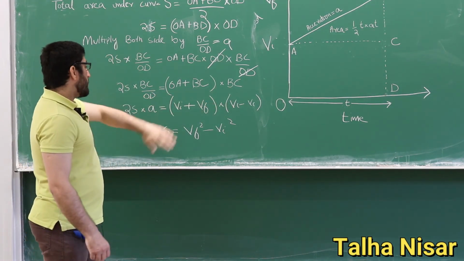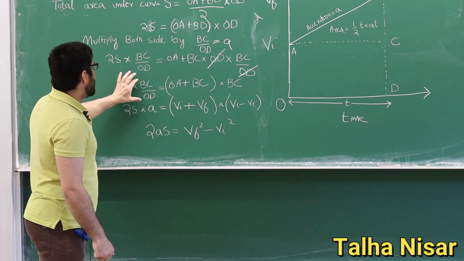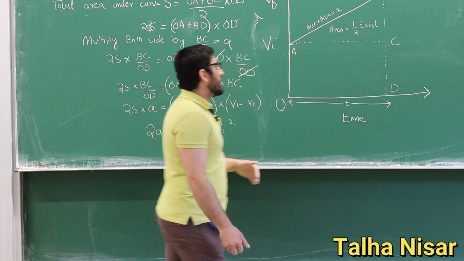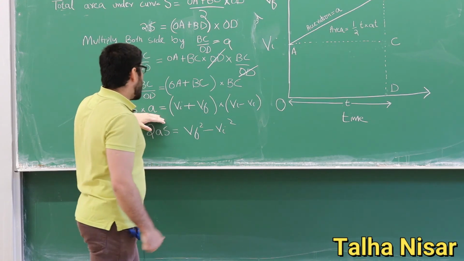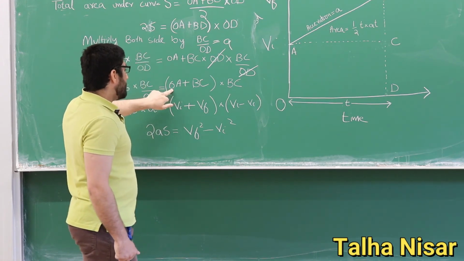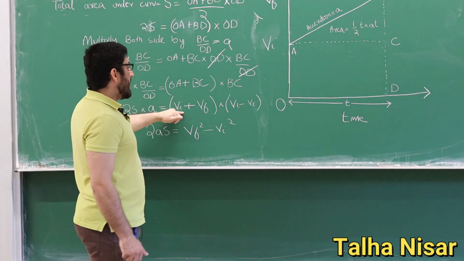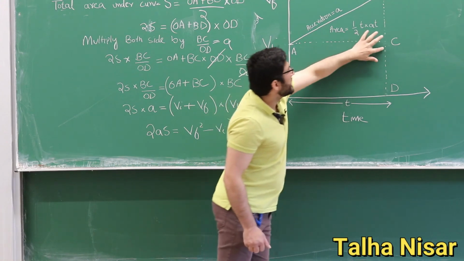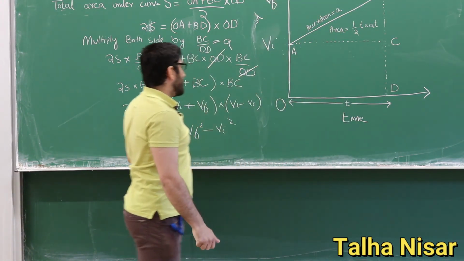We just insert the values. For example, BC, which we said is the slope of this line, is the acceleration. We write A, which stands for acceleration. And then we have OA, which from here to here is the initial velocity. And then we have BC, which you can see is the same as the final velocity.